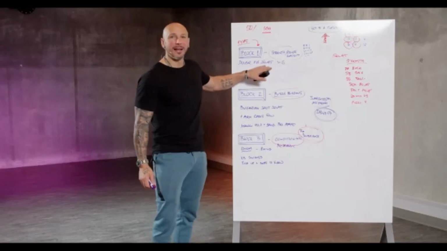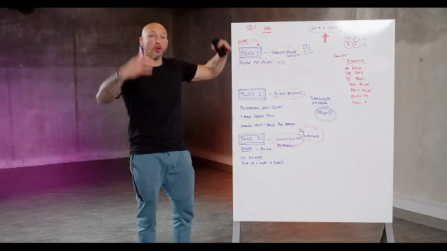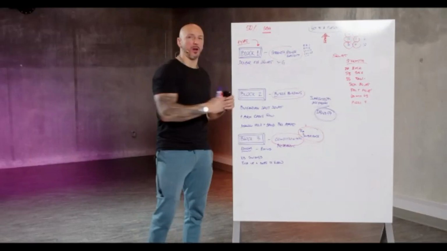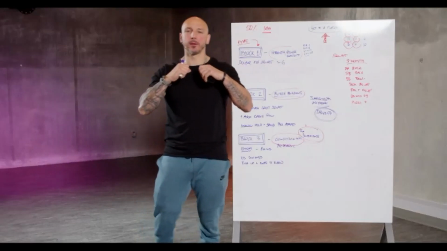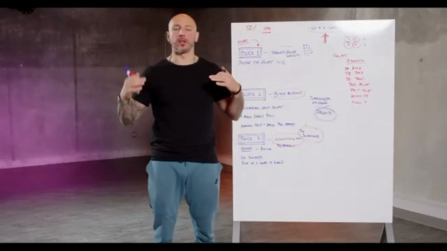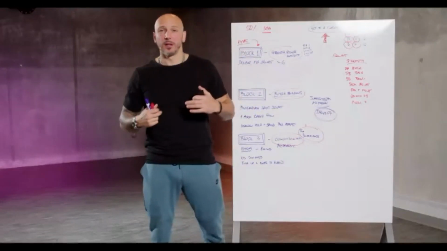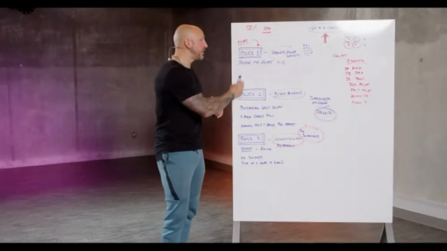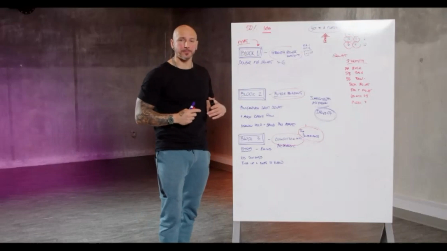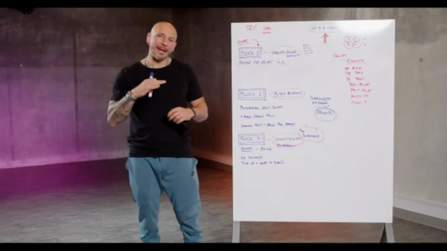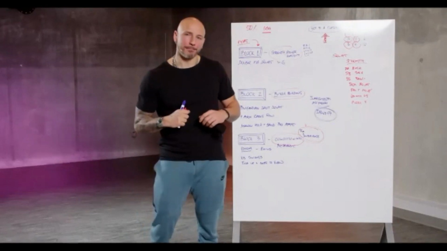But the actual load, the weight of 2 KBs for 6, will never be as close to the load you can get for a back squat or even a front squat. So we're definitely challenging strength, but we're taking it a little bit easier on the nervous system.